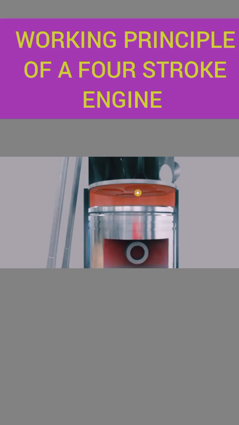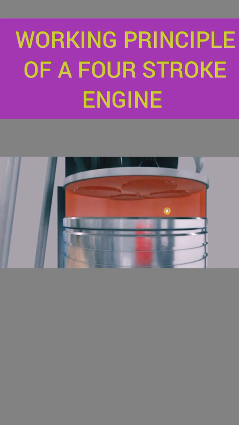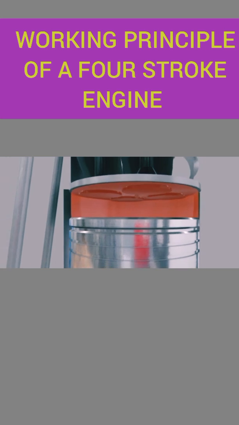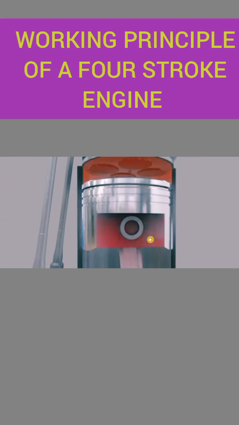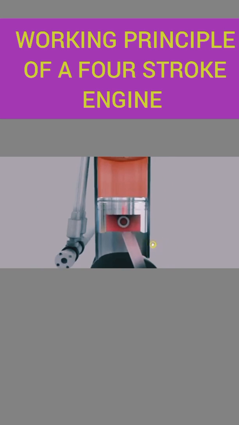Now, the next stroke is called the power stroke. The piston is currently at top dead center with all the valves closed. Now, the engine cylinder is very hot because of the increased amount of temperature and pressure inside the cylinder. So at this moment, the fuel injector atomizes the correct amount of fuel into the cylinder, and the hot air in the cylinder ignites.